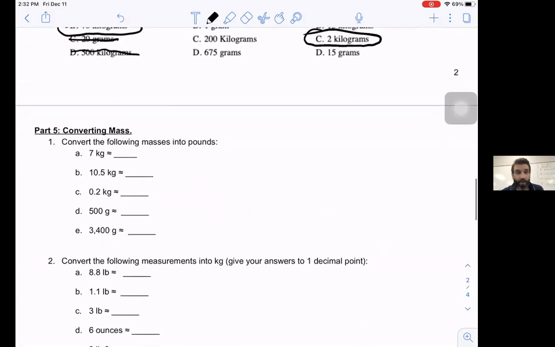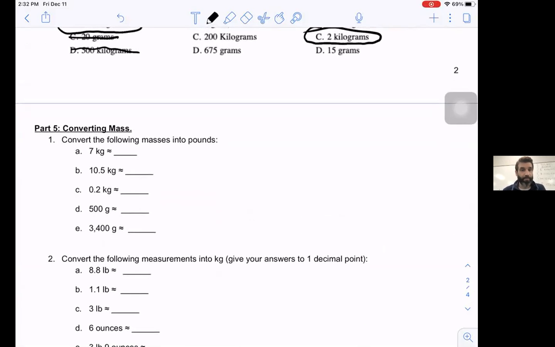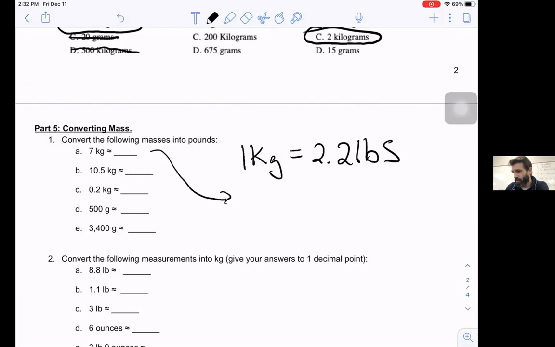Okay. So now we need to convert the following masses into pounds. So I know that 1 kilogram equals 2.2 pounds. The way you want to do this is, what we're looking for is we're converting to pounds. So I showed you this before.